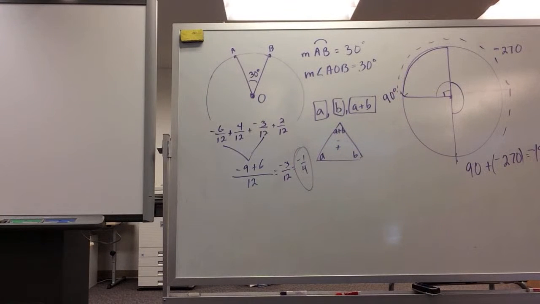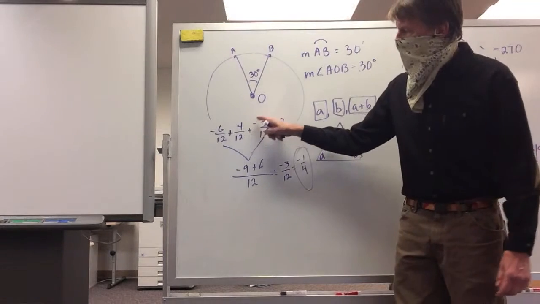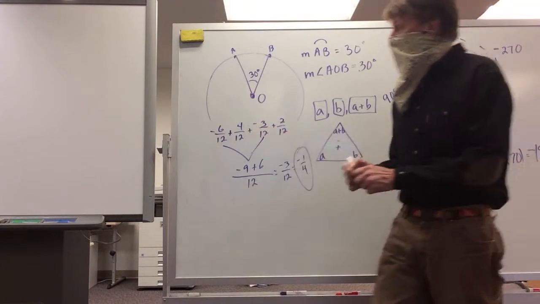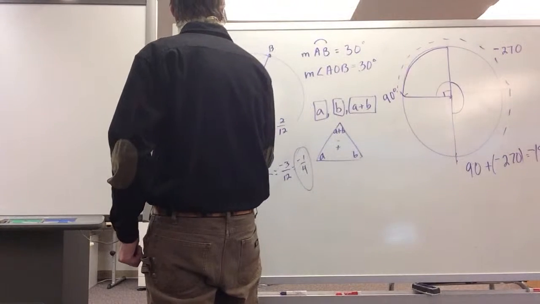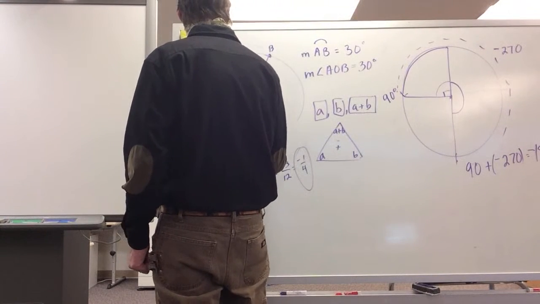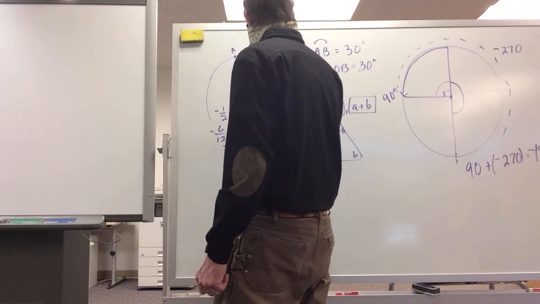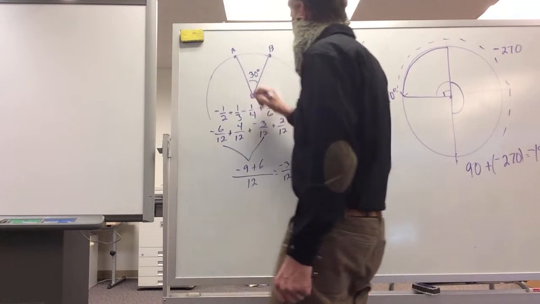Wait, but I thought there's only one negative number in there. Well, the first one's negative, it's a negative 1/2. And if you're subtracting a fourth, that's the same as adding a negative fourth. So the way this started was minus 1/2 plus 1/3 minus a fourth plus a sixth.